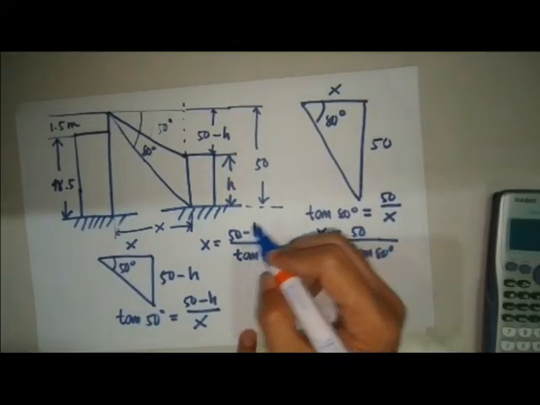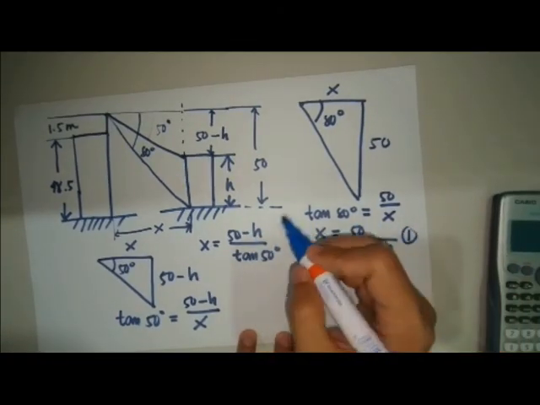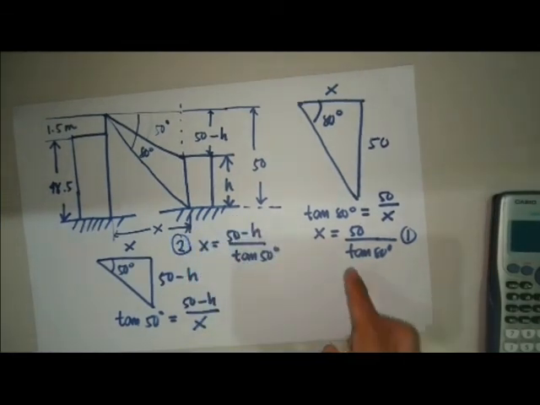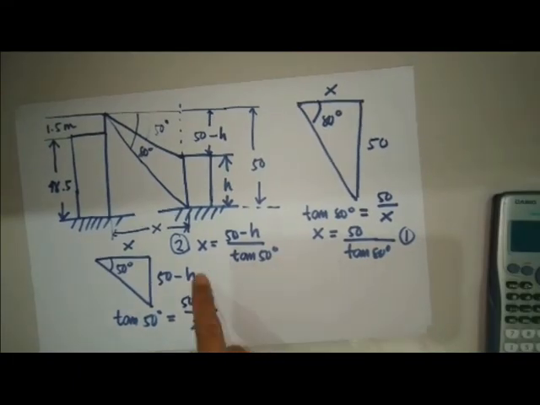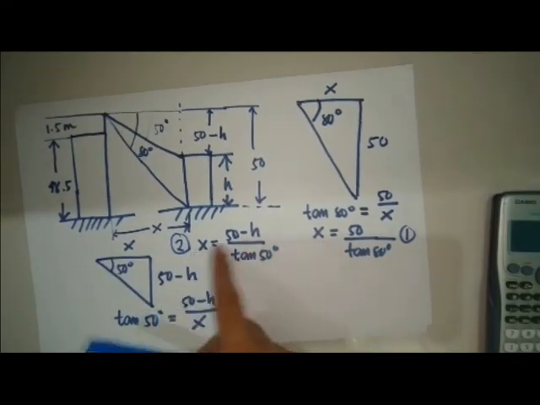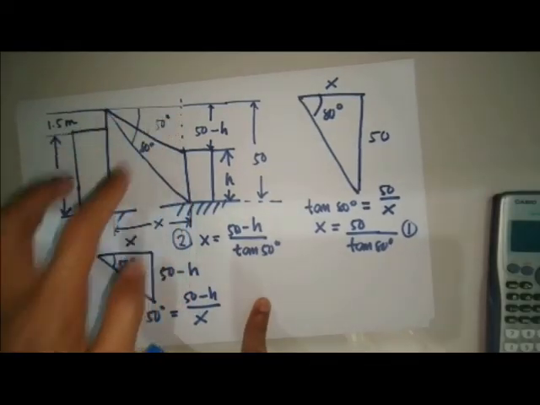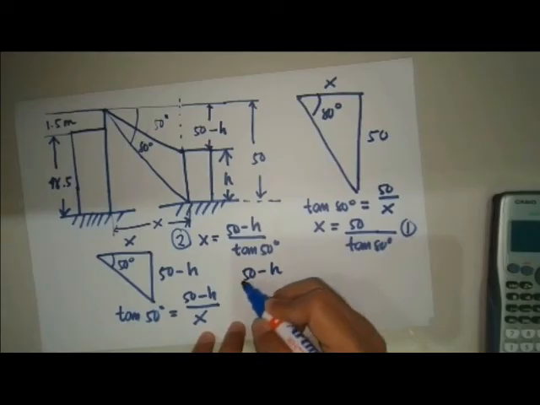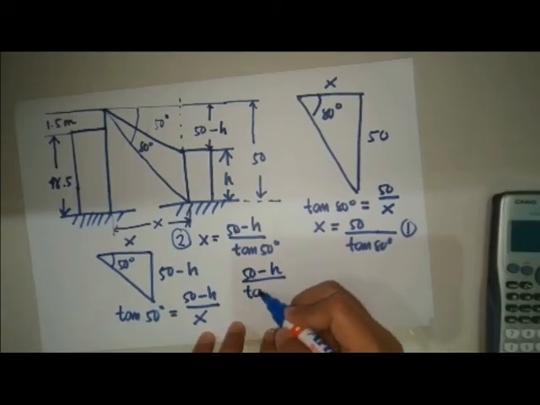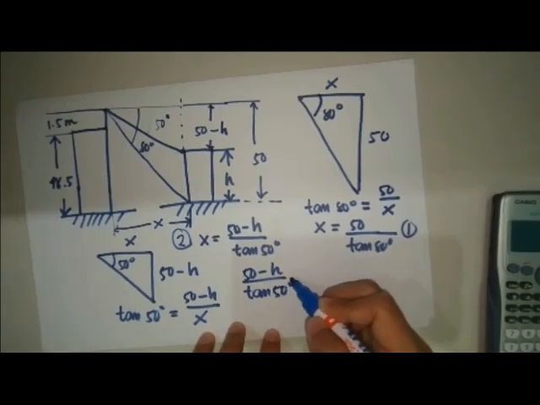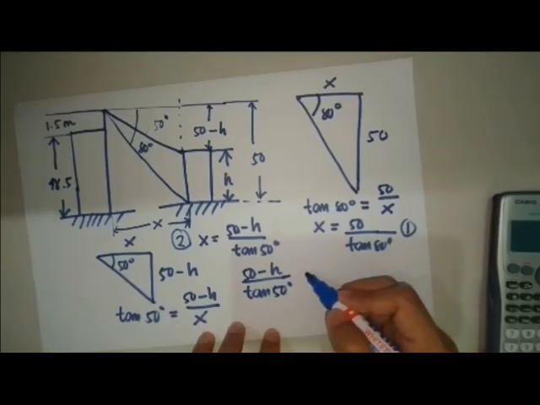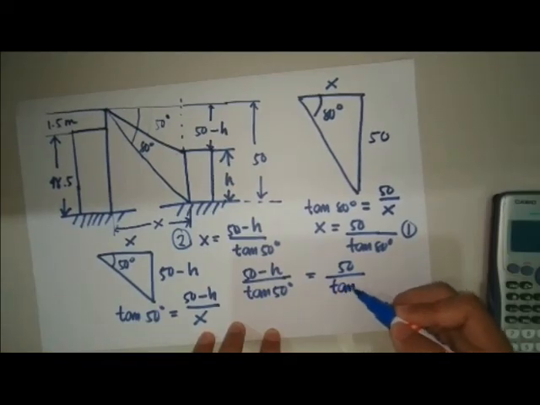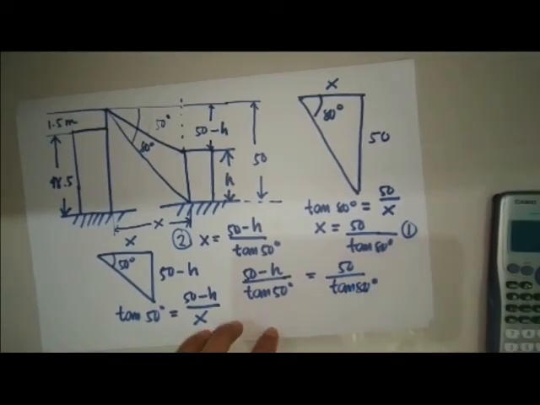So here we have the first equation and the second equation. We can equate them for x: 50 minus h all over tangent 50 degrees equals 50 over tangent 80 degrees.